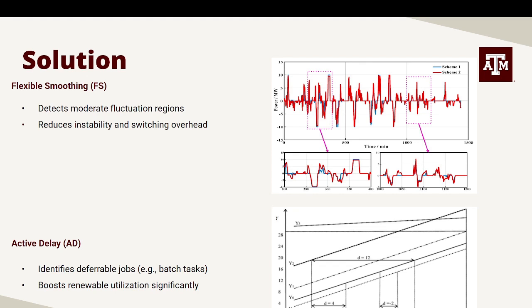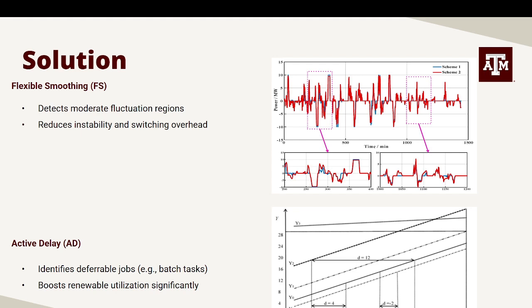The graph shows the raw output of energy, which is the wind energy over time, and you can see how it fluctuates rapidly. Using flexible smoothing, we use a battery storage to absorb excess power during peaks and reserve it during dips, resulting in the smoothened power curve.